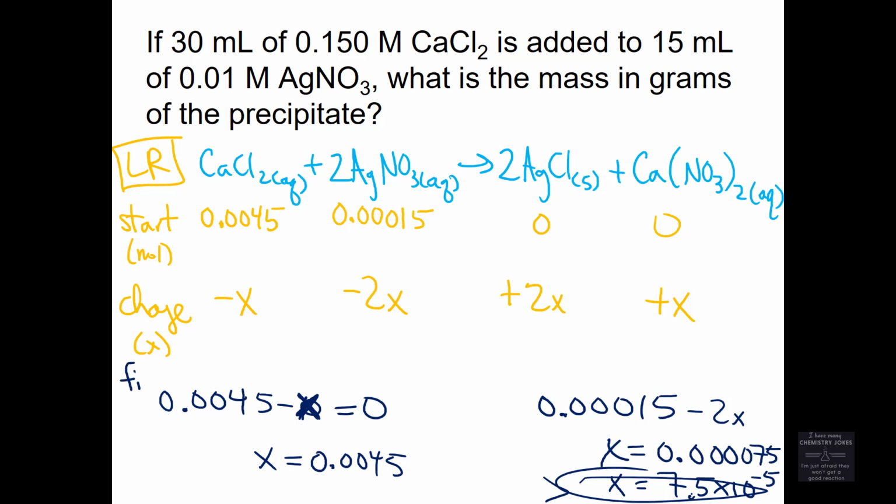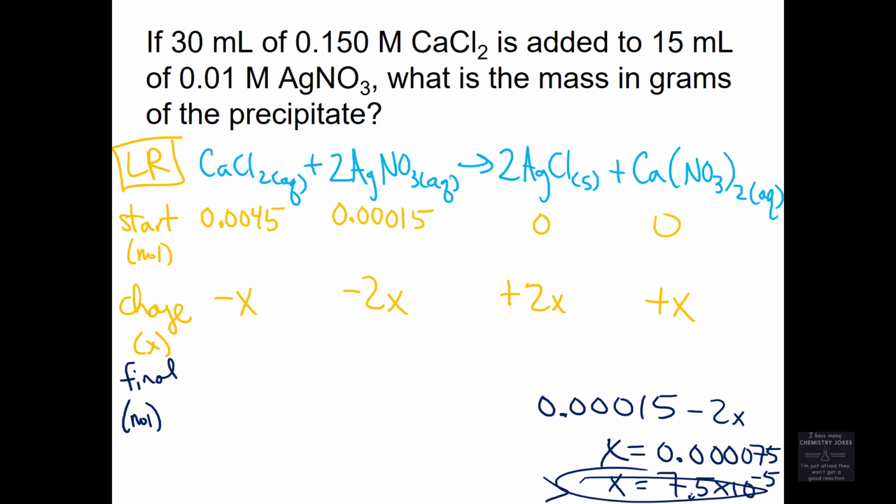Plug that in and get my final in terms of moles. Okay, let's clear up some space. 0.0045 minus 7.5 times 10 to the negative 5 is 4.425 times 10 to the negative 3.